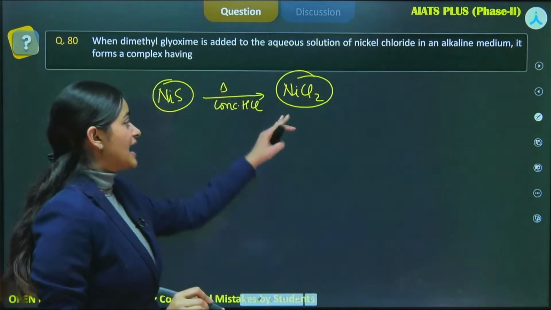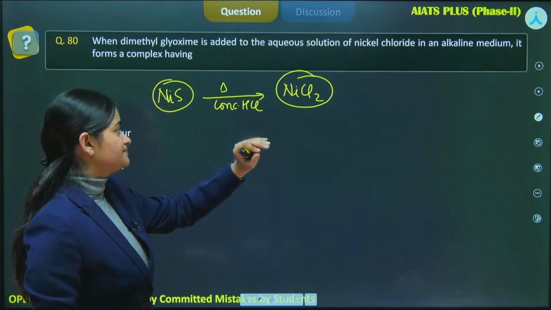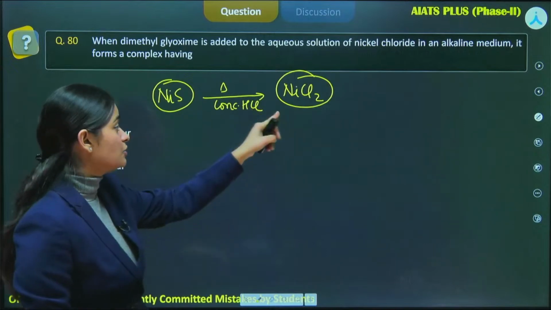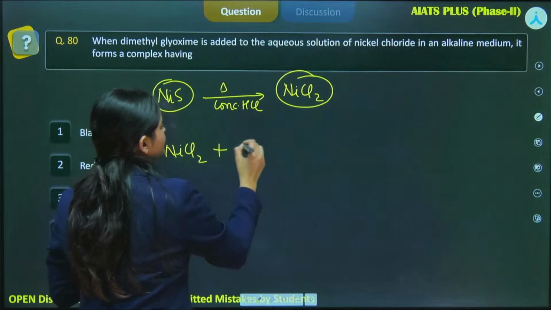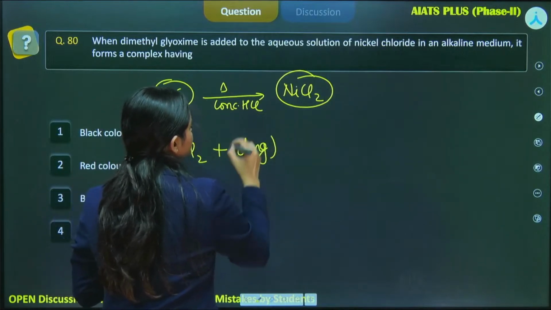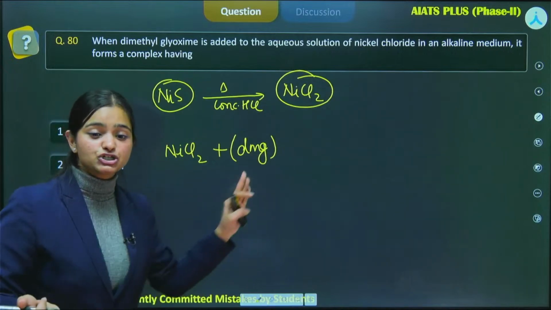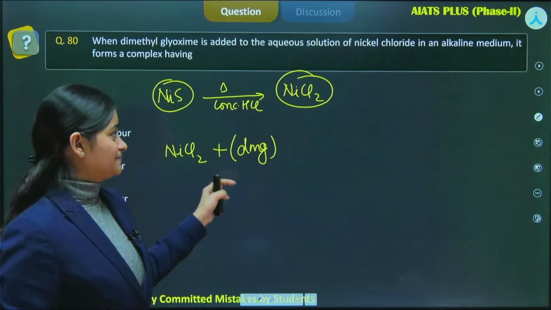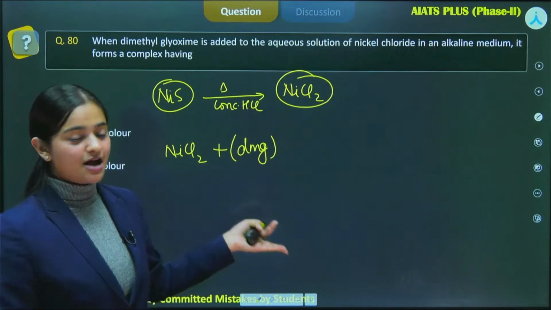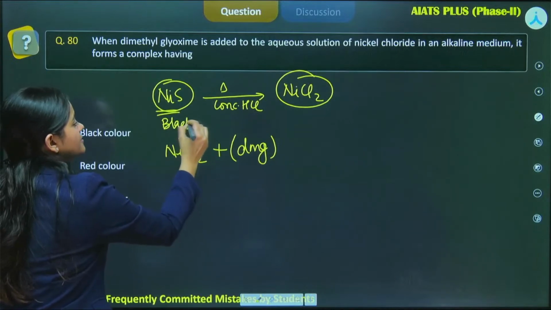In hydrated form, it is green in color. Now this nickel chloride, when reacted with DMG, dimethyl glyoxime, which is a bidentate ligand, gives a rosy red color. Let's see the answer, but nickel sulfide is exactly black in color.